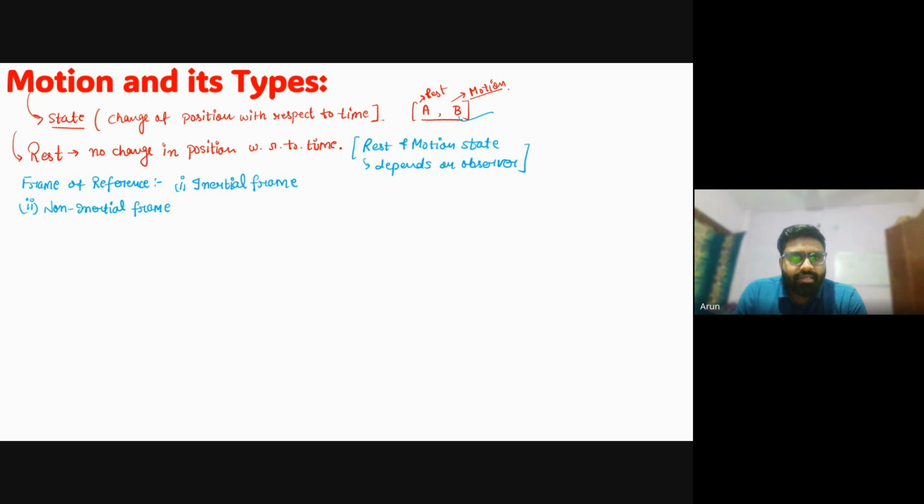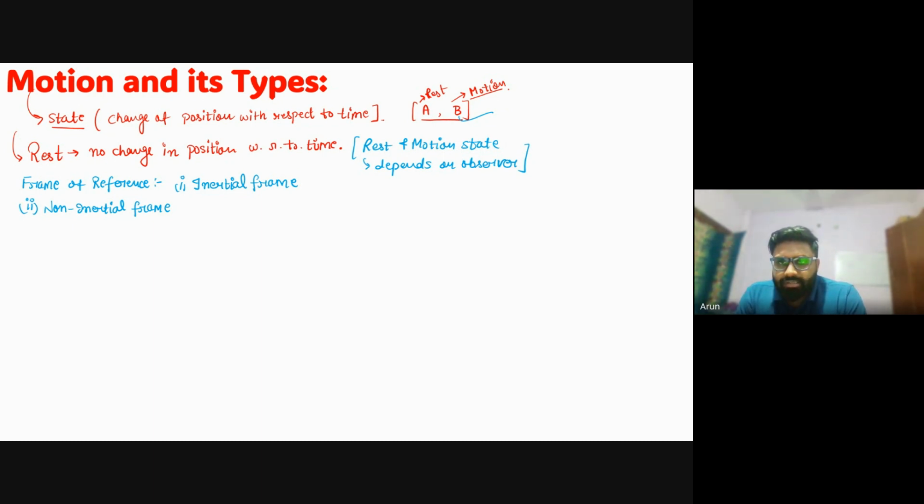Now, we have talked about motion. If anything is changing its position with respect to time, that particular thing is in a state of motion. If it is not changing the position, then it is in rest. And the observer decides that, because the observer is the person observing the motion.